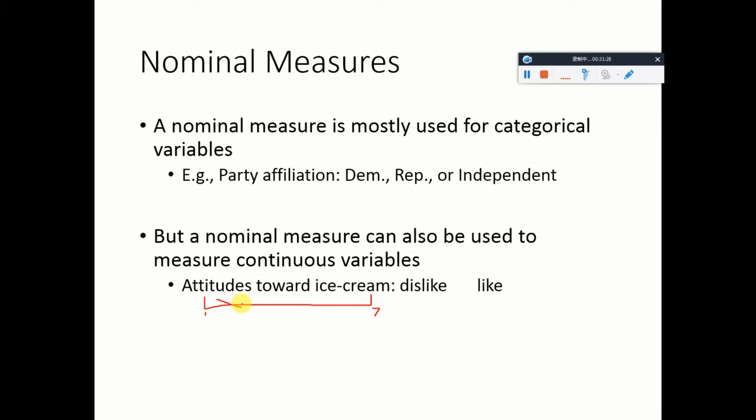In other words, we scratch this continuous scale and say that, instead of assigning a very specific number, 1, 2, or 3.5, to people's attitudes, we simply split this group of people into two categories. One category of people dislike ice cream, and the other group of people like ice cream relative to the other group of people, right? So that way, we're using a nominal measure or nominal scale to measure what we typically consider a continuous variable.